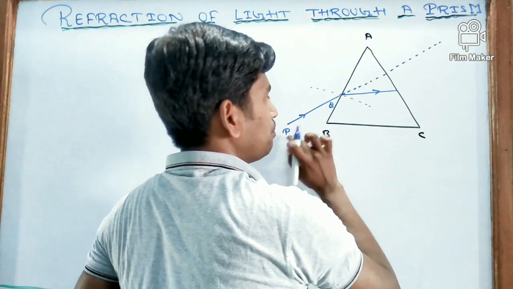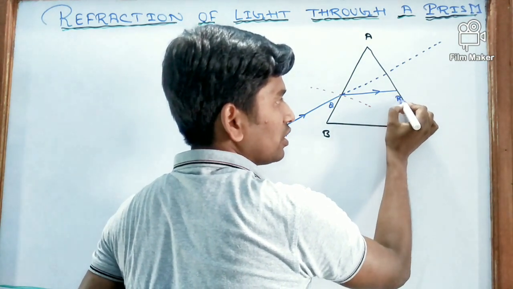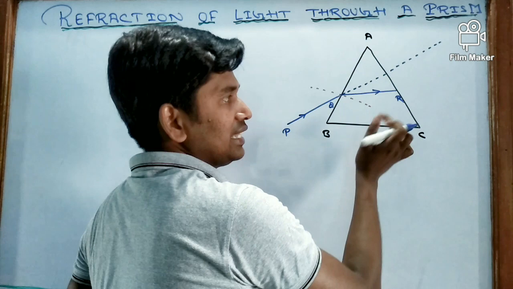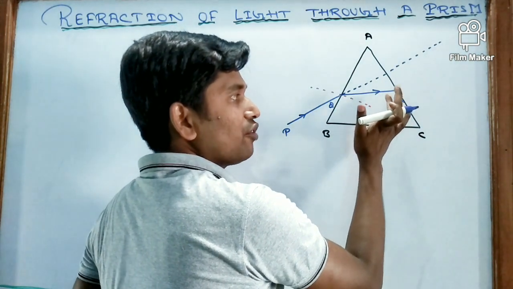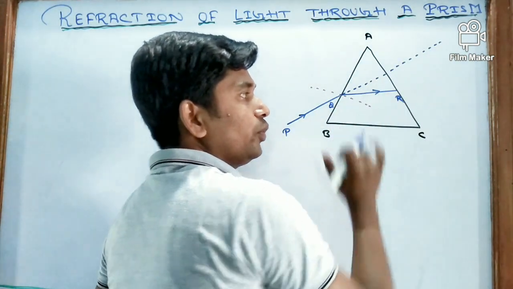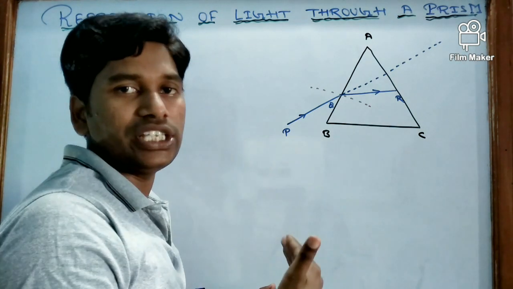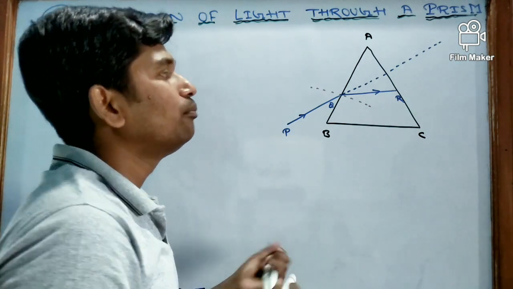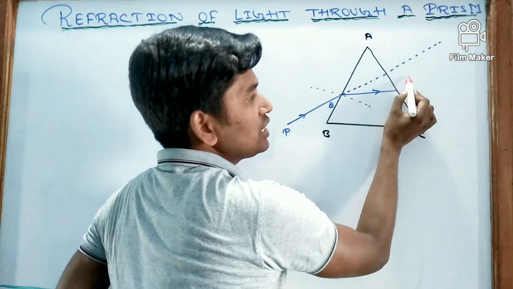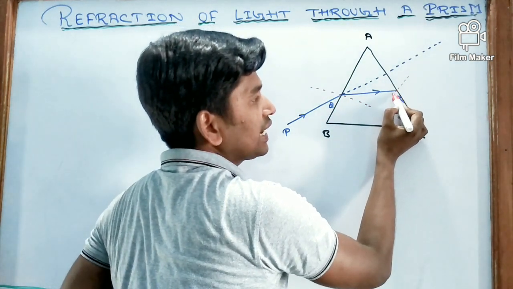Suppose it strikes the face at point R. At this point, the light is traveling from denser medium to rarer medium, so the optical medium is changing again. We will draw one more normal at point R, the second normal.